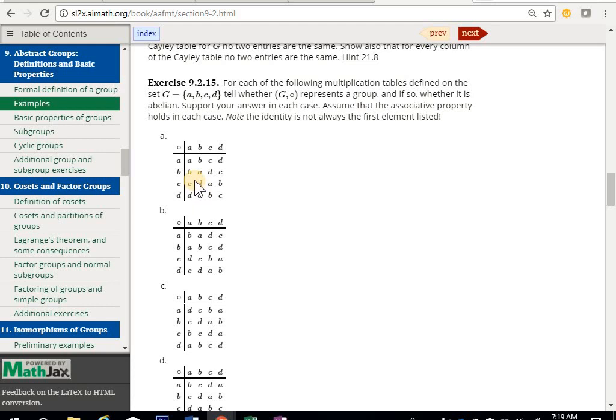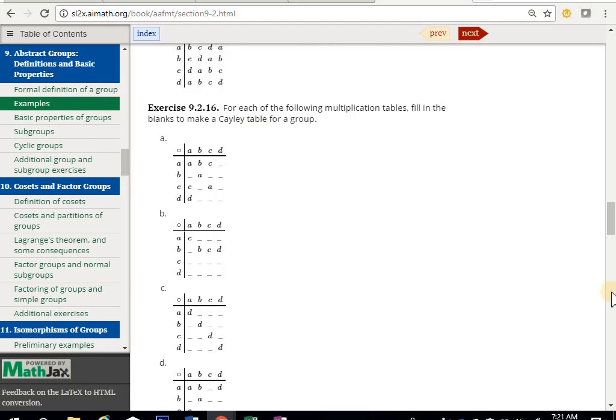So you could say for part A that element A is the identity because A circle X equals X for every X in G, but D has no inverse because D circle B equals A, but B circle D is not equal to A. Okay, so you can just give the statement and the reason. Shouldn't take too much writing.